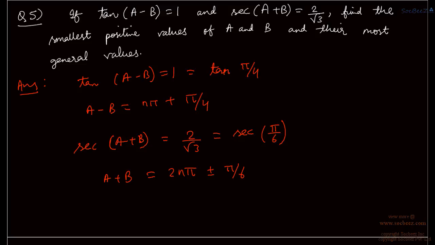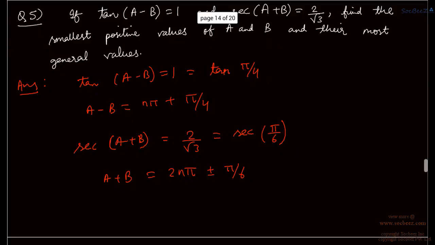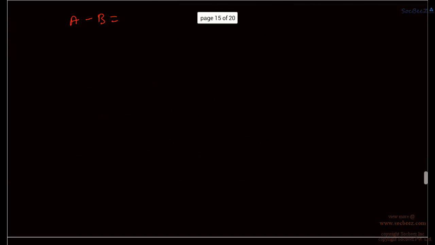From the first equation, putting n equal to 0, 1 and 2, the values a minus b can take are n pi plus pi by 4, which gives us pi by 4, 5 pi by 4 and 9 pi by 4. We'll just keep this for the time being.